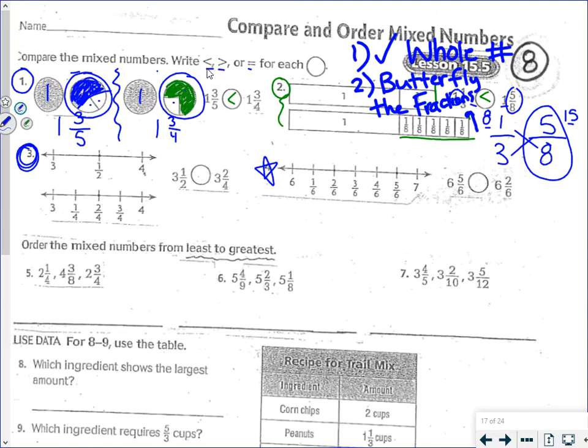Try that one out. Here we have different denominators, but we also have different numerators. So we can figure out that 2 times 2 gives us 4, right? And 1 times 2 gives us 2.